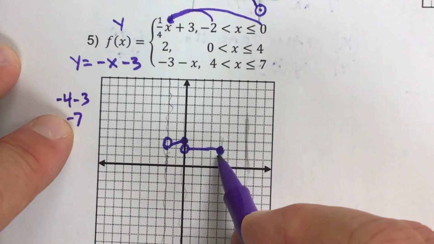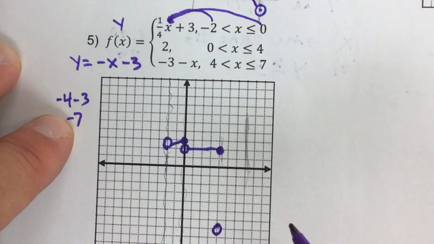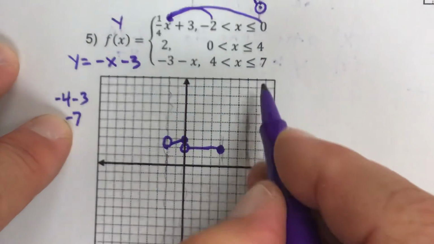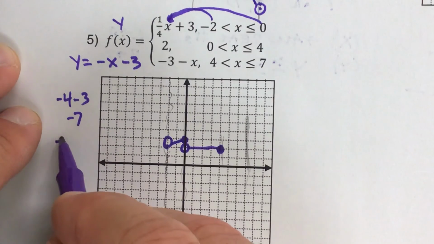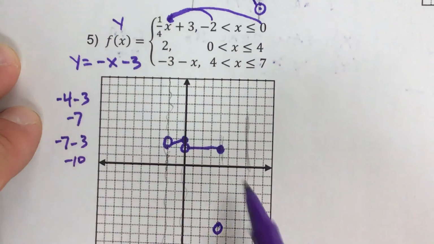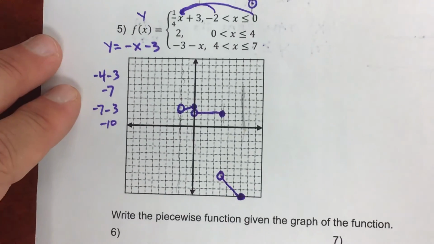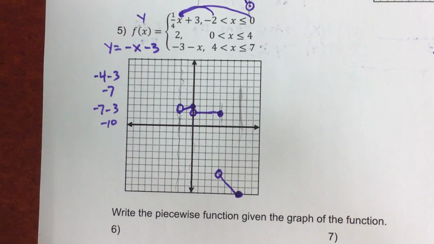So at 4, I'm all the way down here at negative 7. 1, 2, 3, 4, 5, 6, 7. It's an open dot. And then when I put 7 in there, that's negative 7 minus 3, which is negative 10. So at 7, I'm way down here. It's or equal to, so I've got a closed dot. So there's my point. There's my segment. There's my piece that I want.